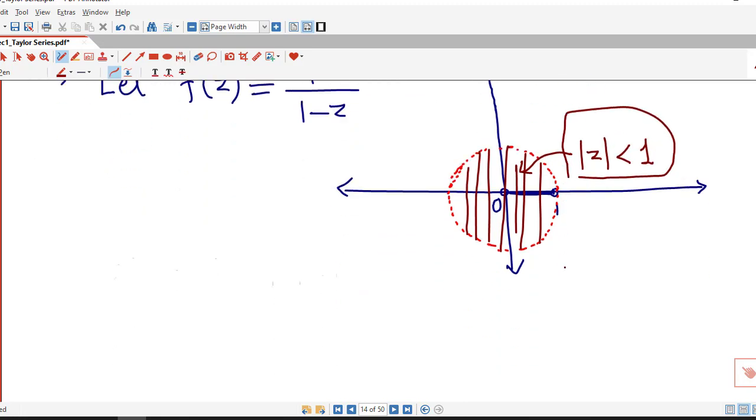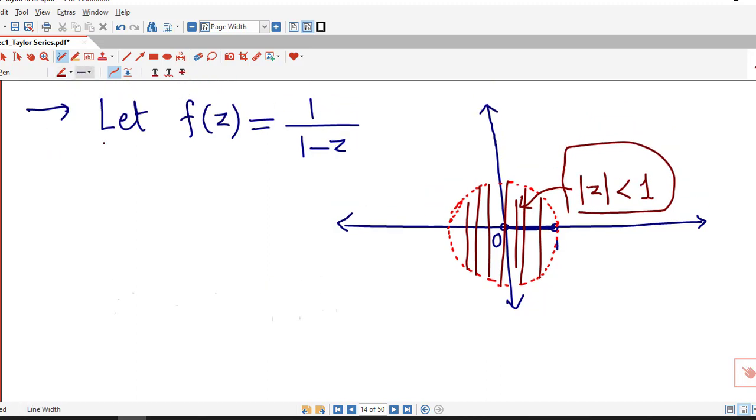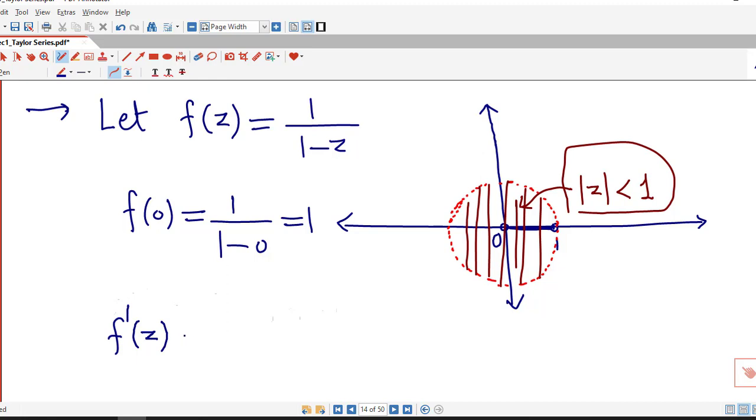Now to find the Taylor series at z equal to 0, we first have to find the values of the function and its derivatives at z equal to 0. So f of z is 1 over 1 minus z, so f of 0 is 1 over 1 minus 0, that is 1. Now the first derivative of 1 over 1 minus z is minus 1 divided by 1 minus z square into the derivative of 1 minus z, which is 0 minus 1.